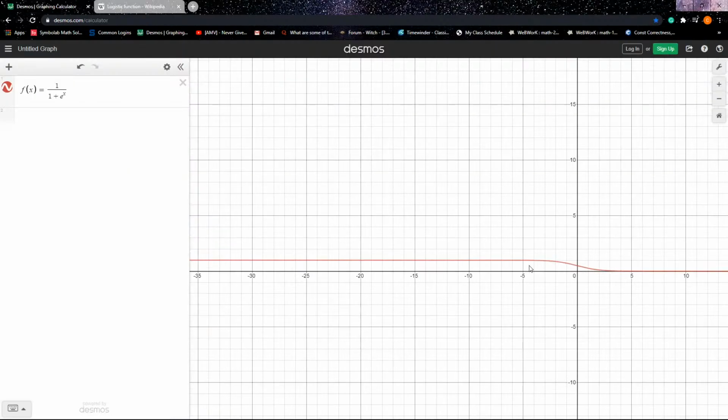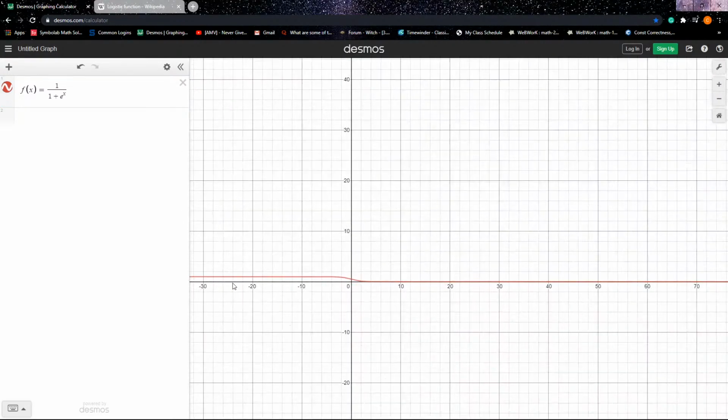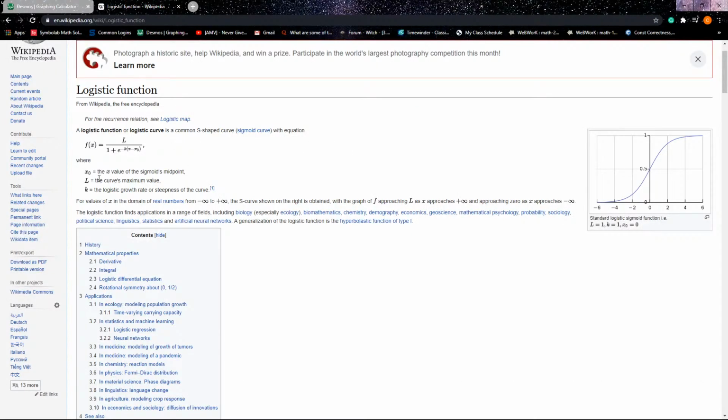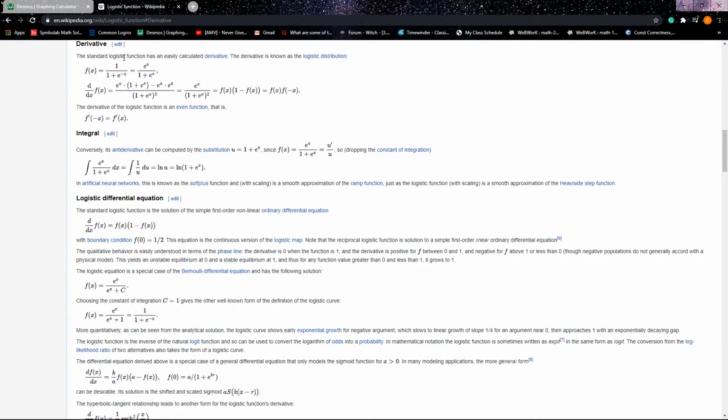Is it the maximum value? Oh, okay. That's cool. Sigmoid's midpoint. Wow, Wikipedia is actually savage.